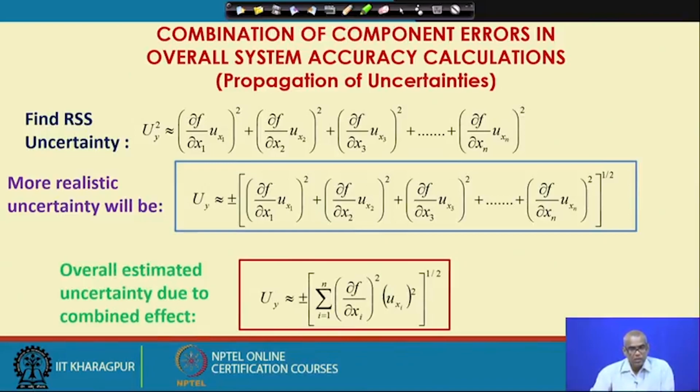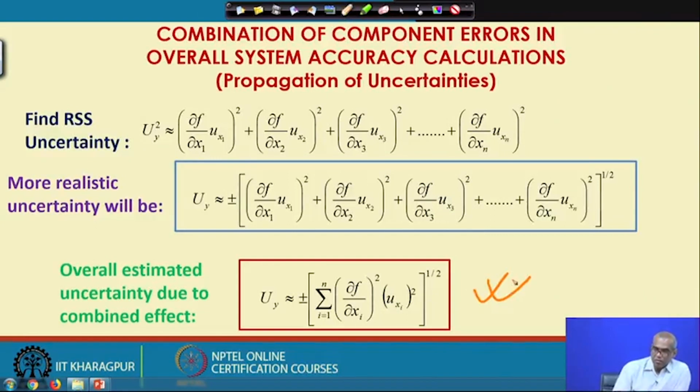This can be written in a compact form as the overall estimated uncertainty due to combined effect, as this. So, basically you are writing the same equation in more compact form.